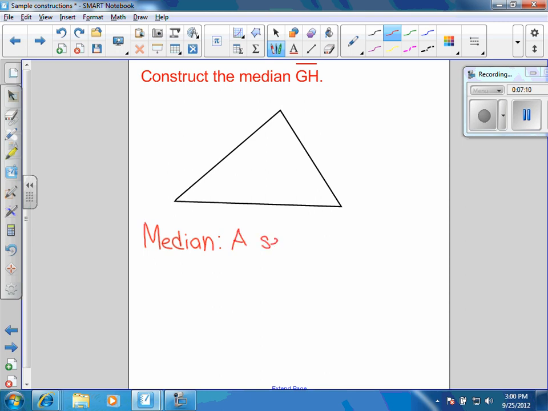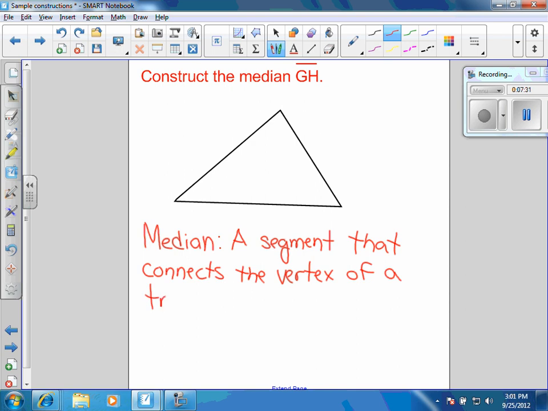A segment that connects the vertex of a triangle to, does anybody know? Yeah, the midpoint of the opposite side.